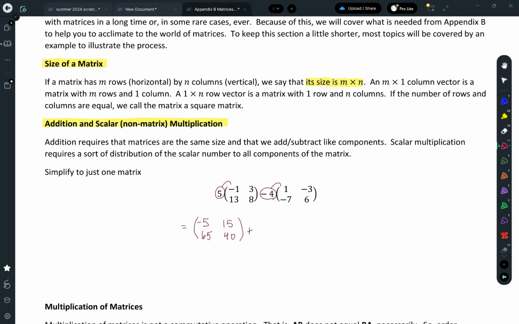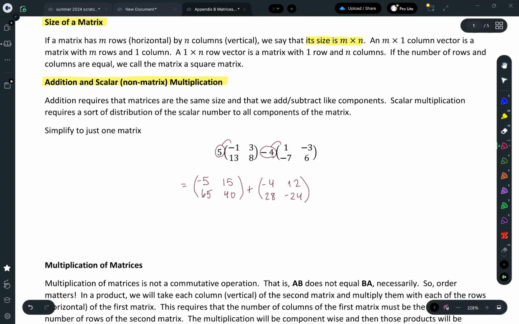I like to distribute the minus signs because then it takes care of any double negatives, and then I can do the rest of the math kind of in my head. So -4 times 1 is -4. -4 times -3 is 12. -4 times -7 is positive 28. -4 times 6 is -24.